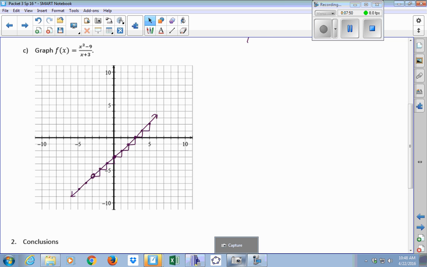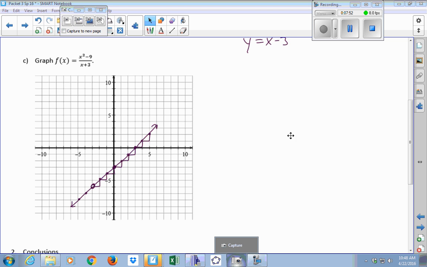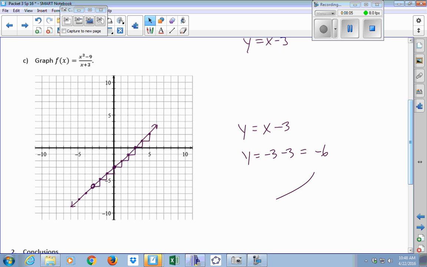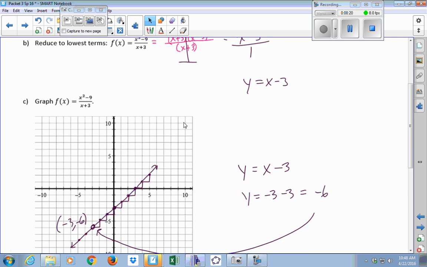That's what makes this function different than the others, because when you reduced it, it became linear. And look, if it really was y equals x minus 3, you could put negative 3 in here. And that's how you get your y coordinate for that point right there, because that point is negative 3, negative 6. It's just instead of making it solid like it's part of your function, you have to put an open circle because negative 3 is not allowed into your original function.